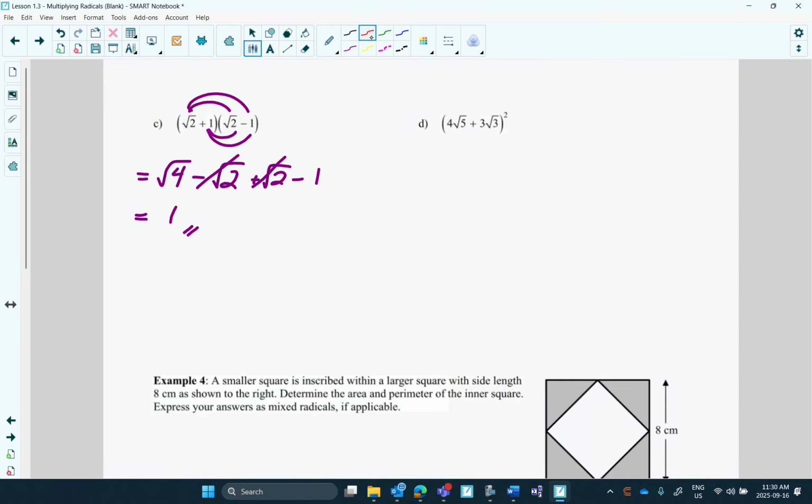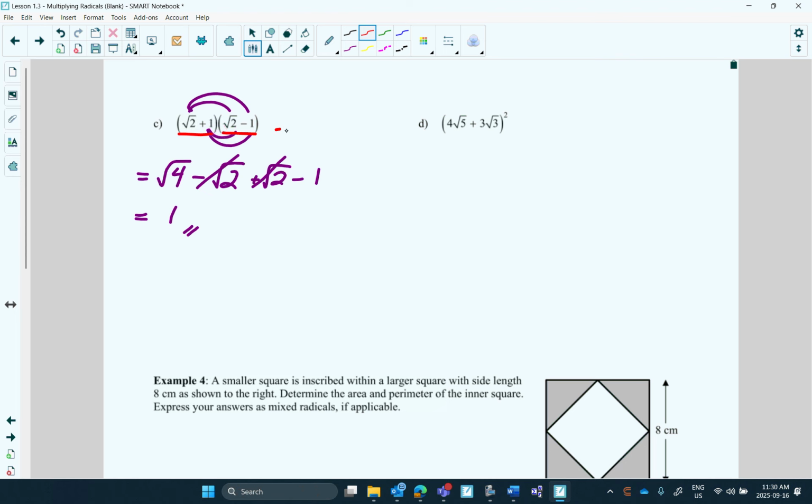Do you notice something about these two binomials? Same terms, but opposite signs, right?